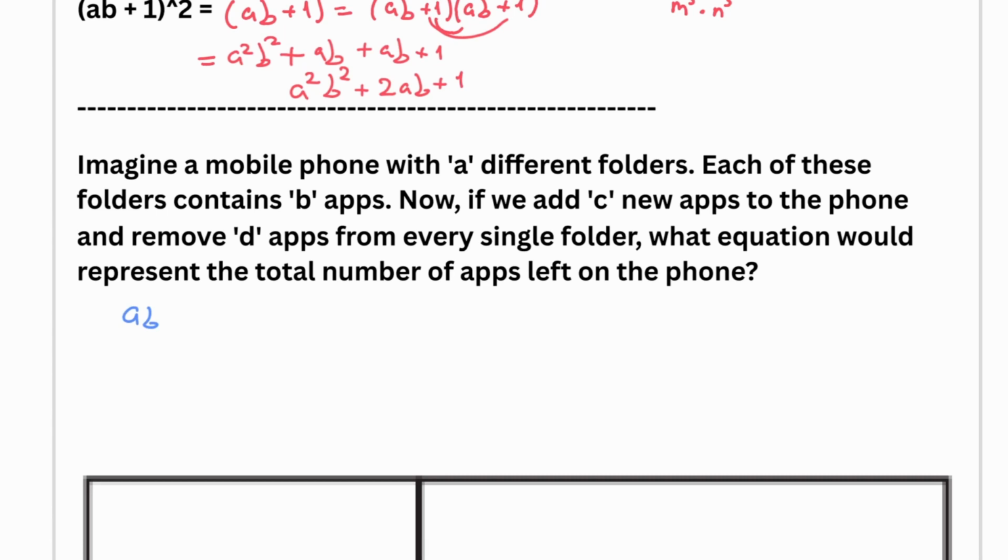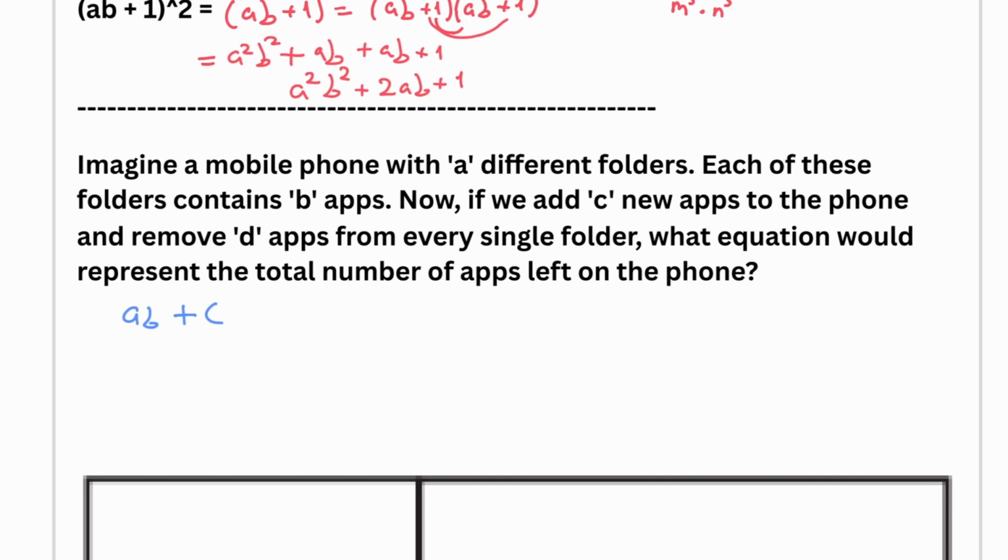Now, if we add C new apps to the phone, okay, so we're adding C new apps. We have AB apps. We're going to add C, okay, and remove D apps from every single folder. Now, we're not removing D apps in total. We're removing D apps from every single folder.